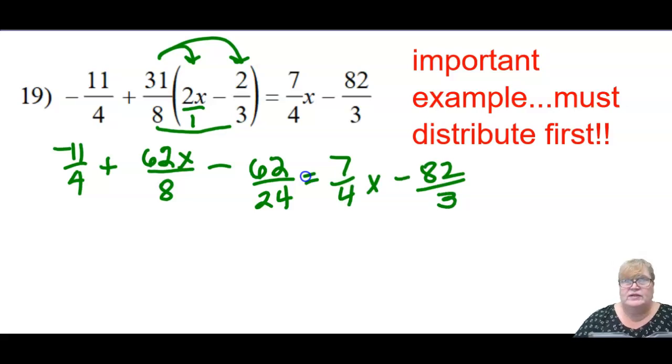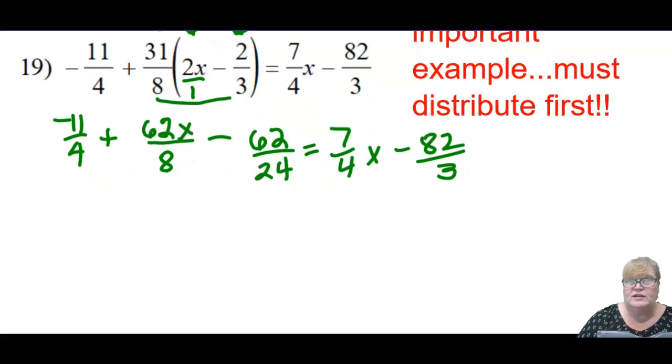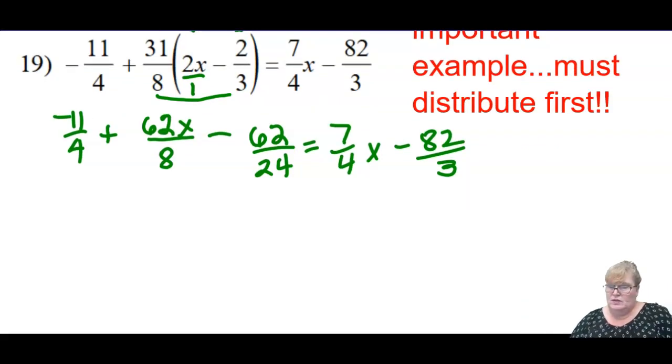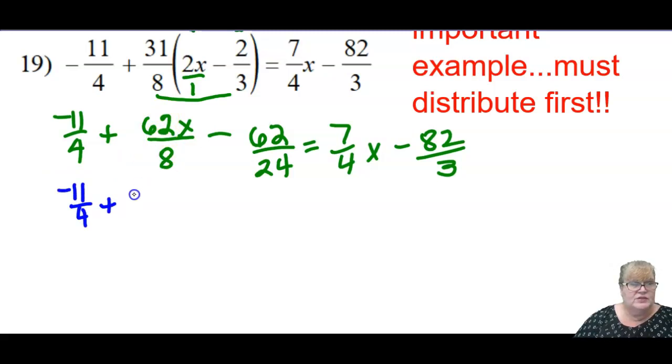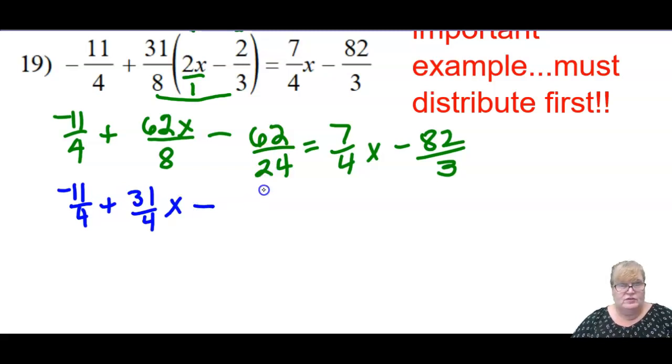Now, I am going to go ahead and reduce before we multiply through by our least common denominator. Because if we reduce this by 2, we get 31 over 4. We reduce this by, does it only, yes, it's only going to reduce by 2, so we get 31 over 12.